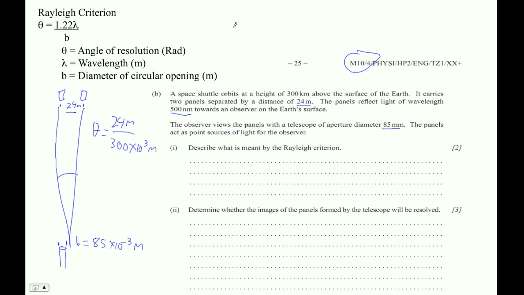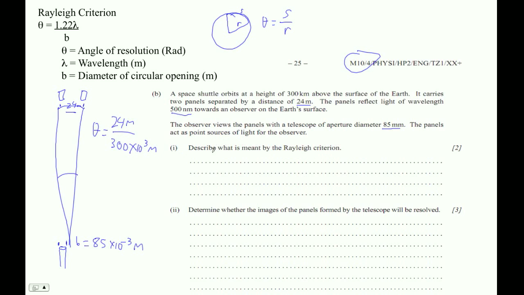If you've got a circle, here's R, and here's the length S, then theta is equal to S over R. Here I'm assuming that it's so close together compared to this distance that it's essentially the same length as the arc length. So 24 divided by 300.